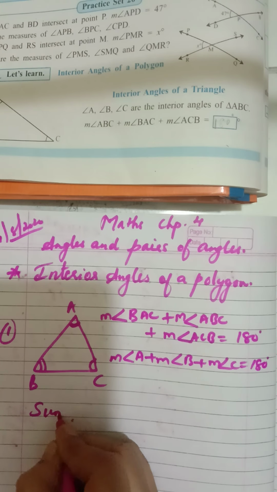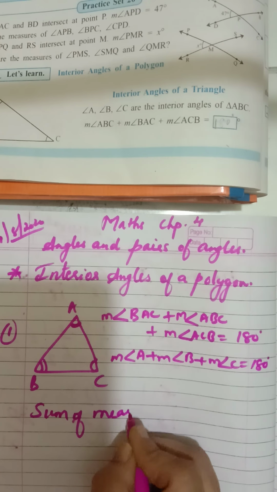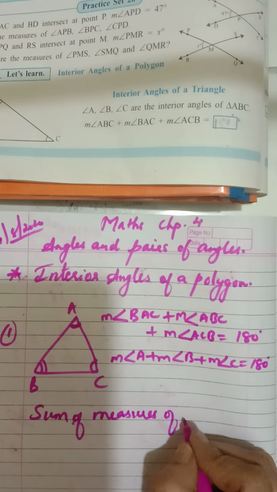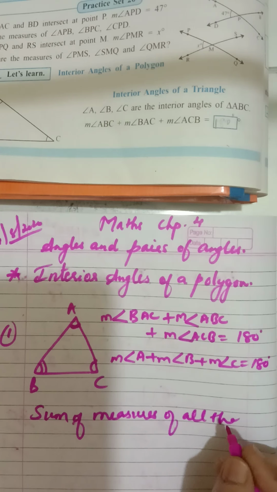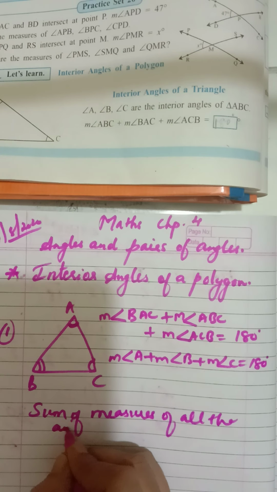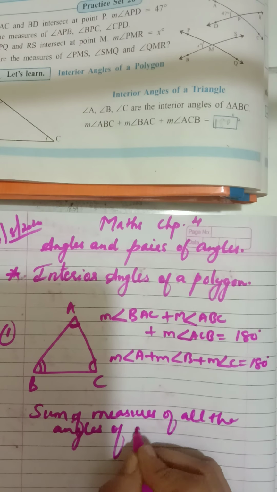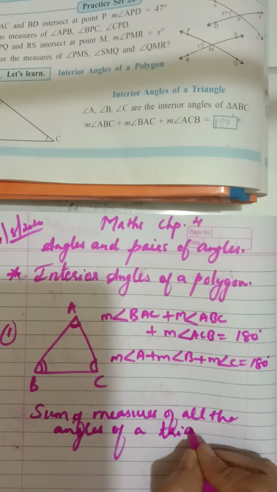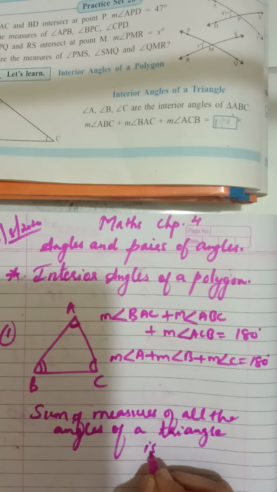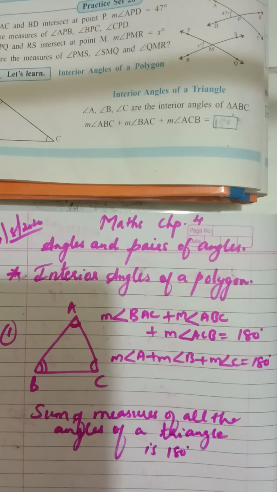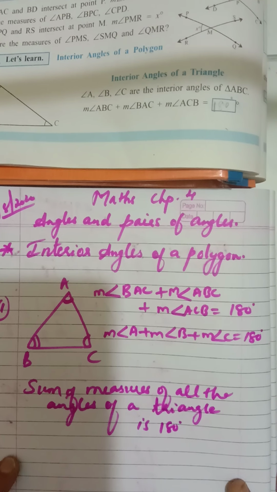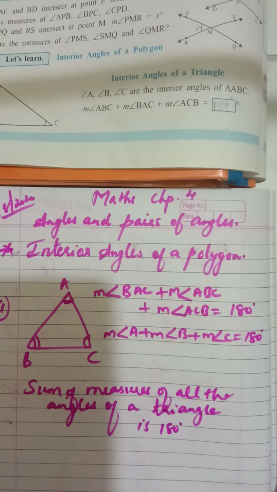Write the property: sum of measures of all the angles of a triangle is 180 degrees. Clear? So this is the interior angle of a triangle.